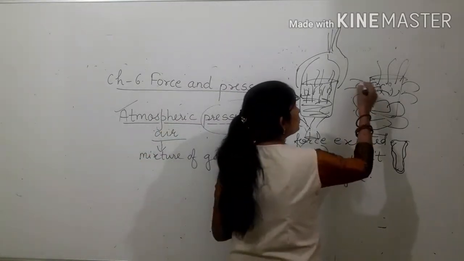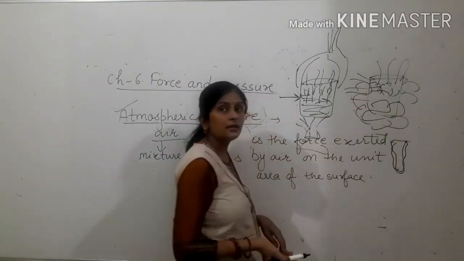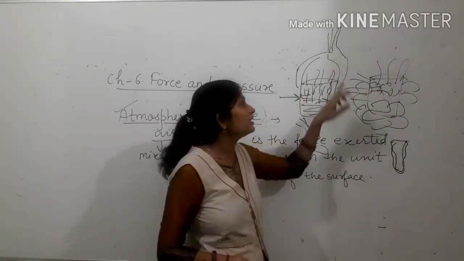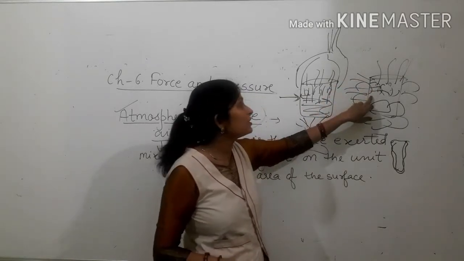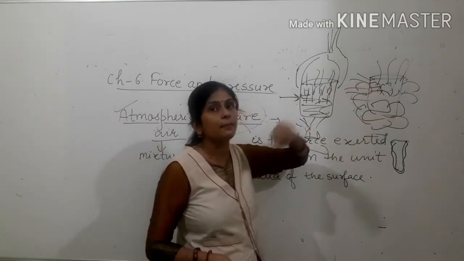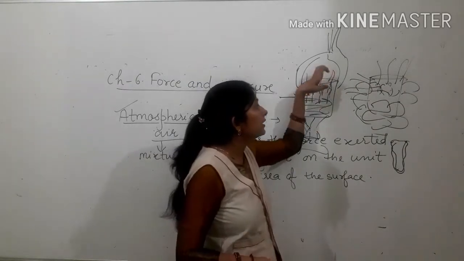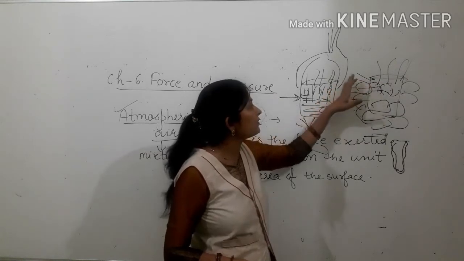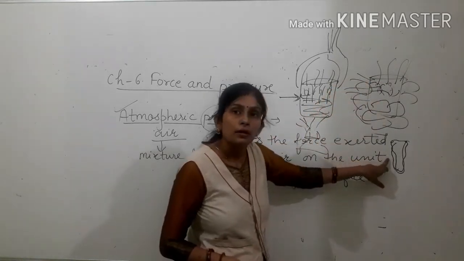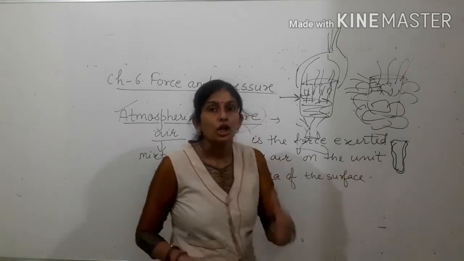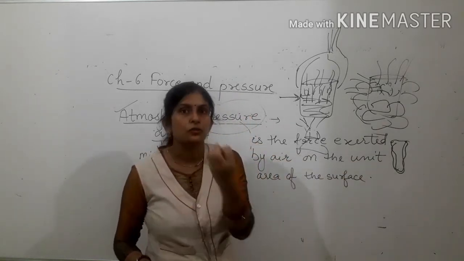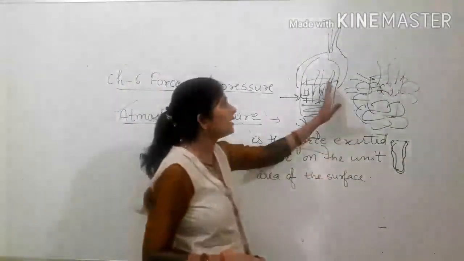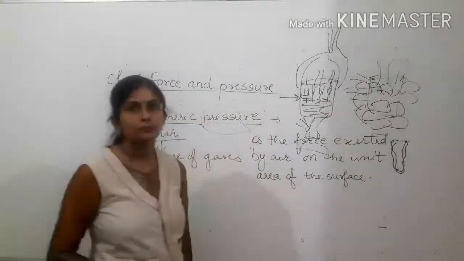But from outside air is there. So air pressure is applied on the surface of the tin can, which is not balanced by inside pressure. So this tremendous outside pressure exerted by air on the surface of the tin can makes the tin can collapse and crush. So in this way we can show that air exerts pressure.